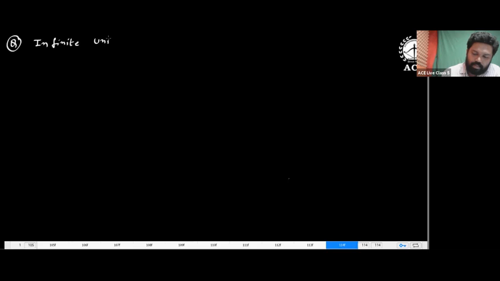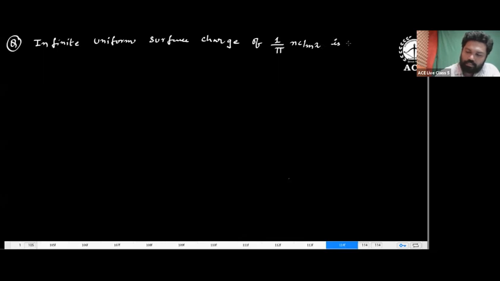Infinite uniform surface charge of 1 by pi nanocoulomb per meter square is located on Z is equal to 6 meters plane.